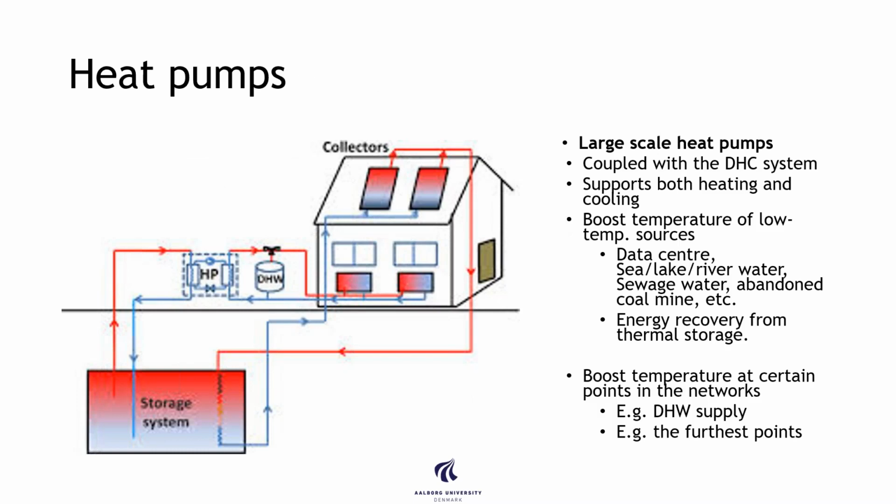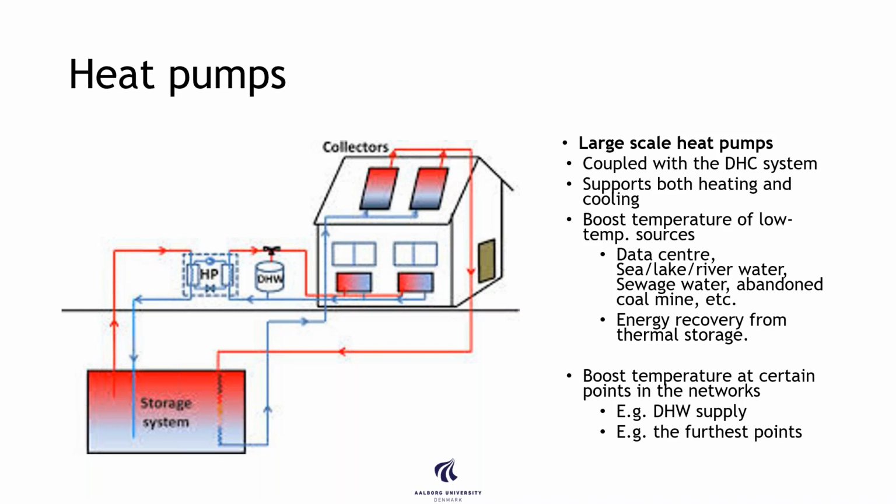So one way to do this is heat pumps, and we can use these large-scale heat pumps in our district heating and cooling system. They can support both heating and cooling. And one of the points, as I mentioned, is that we can boost these low temperature sources.